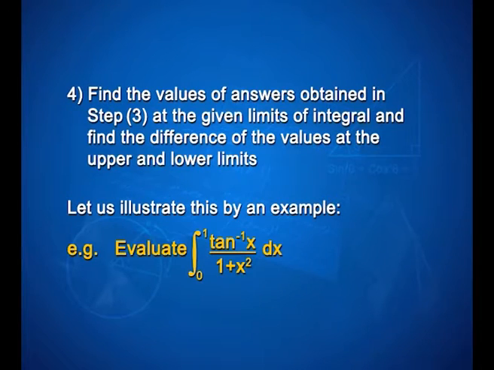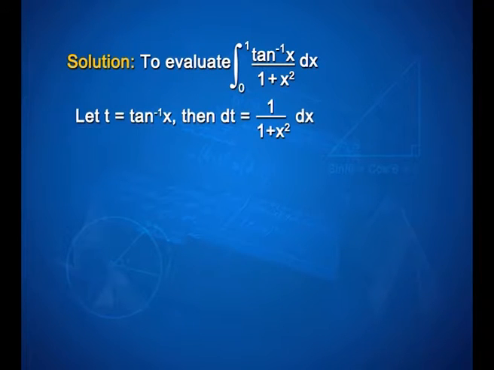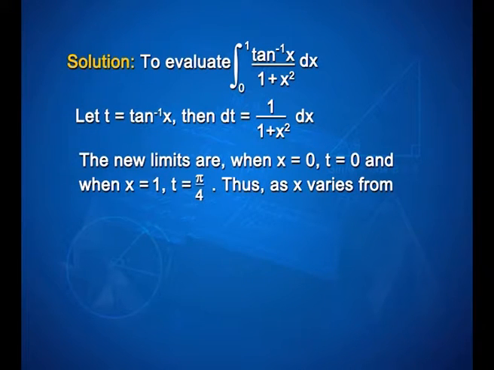Let us illustrate this by an example. Evaluate integral 0 to 1 tan inverse x upon 1 plus x square dx. For the solution, to evaluate integral 0 to 1 tan inverse x upon 1 plus x square dx, let t be equal to tan inverse x, then dt is equal to 1 upon 1 plus x square dx. The new limits are when x is equal to 0, t is equal to 0, and when x is equal to 1, t is equal to pi upon 4.